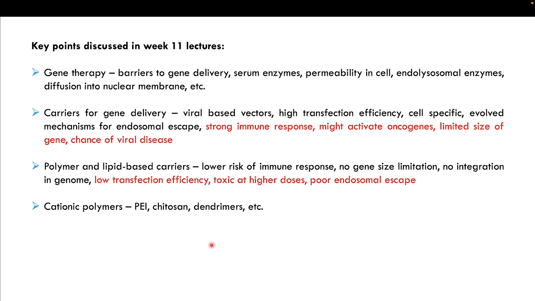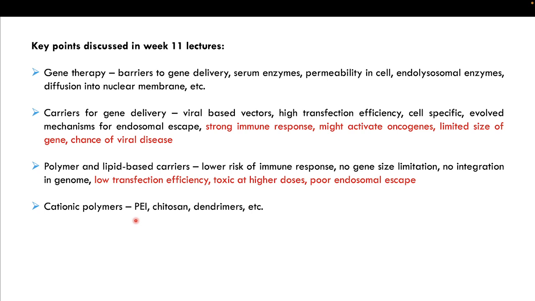Now, first of all, why positively charged? Because as I said, your DNA is negatively charged. So to have a very good encapsulation efficiency, we will take something that is positively charged. They will make a very nice complex along with your DNA. So more DNA could be loaded onto these particles, which would then be easier for delivery.